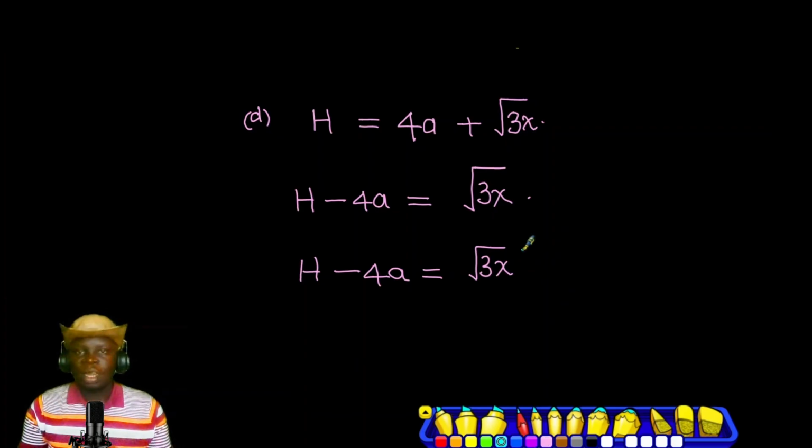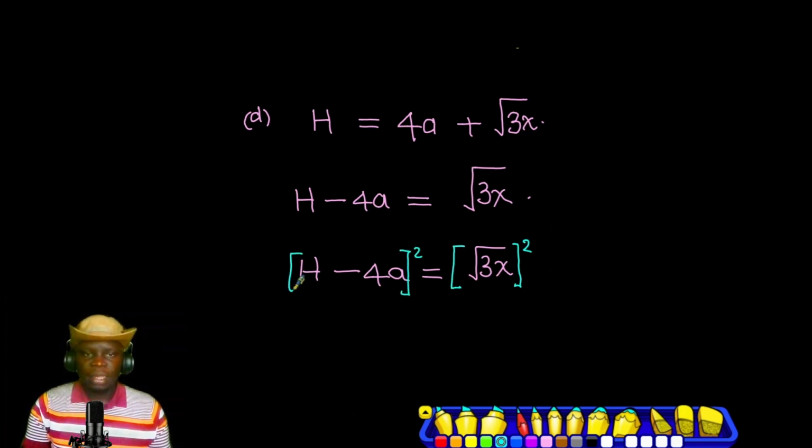So now let's square both sides, and we can use a bracket here for the square, and also this side we square. After that, we know that this square root sign will go with the square here, and we are left with h minus 4a squared equals 3x. So let's maintain our bracket there.